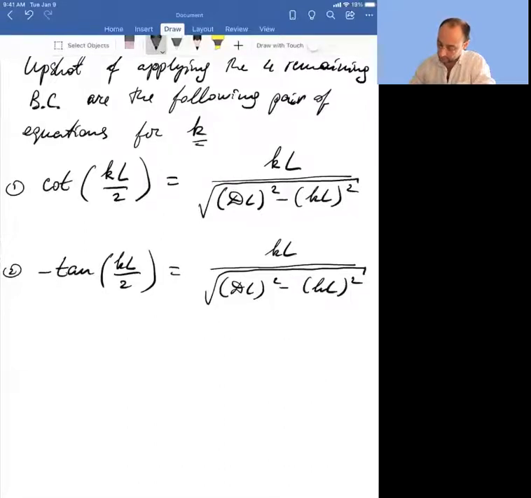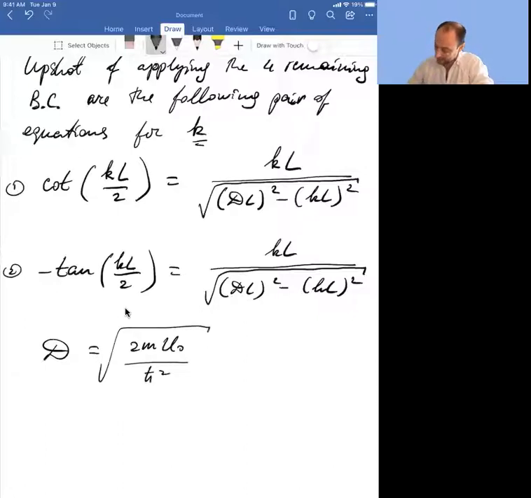So not remind you, but state D, the script D is actually a bunch of parameters, it's a bunch of constants. It's 2 m U naught over h bar squared, all taken square root.